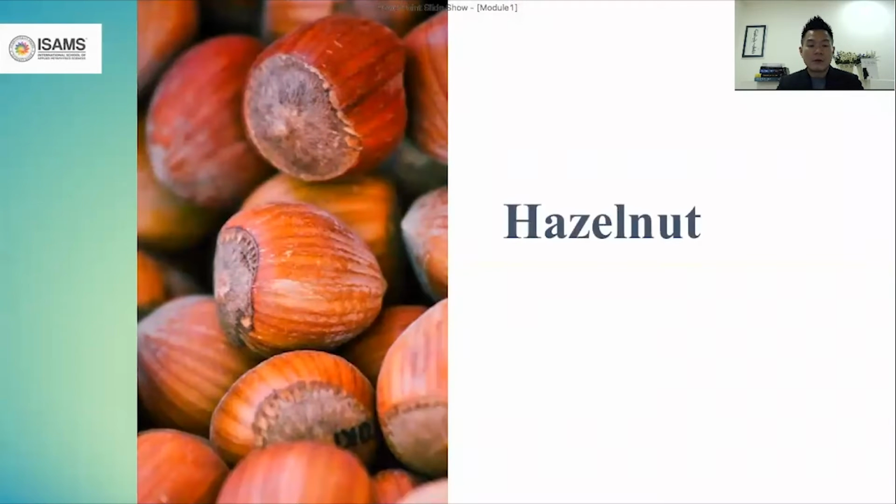Basically, the shorter the shelf life of the base oil, the healthier the base oil will most likely be, because it has more antioxidants. So this is hazelnut. Hazelnut is another base oil which is very high in vitamin E, and it has a very long shelf life as well.